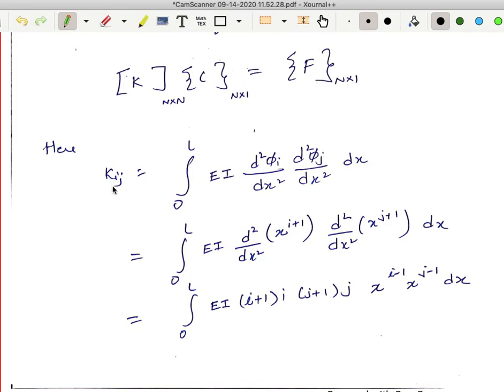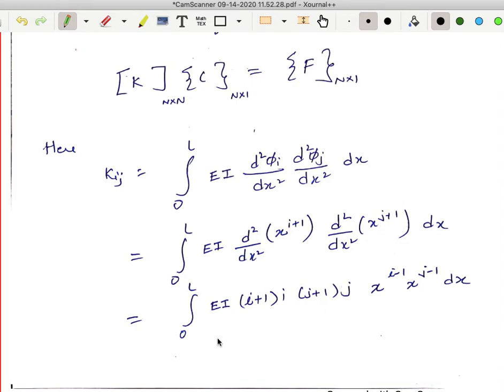Here, what are the entries of this stiffness matrix Kij? In this case it is the integral from 0 to L of EI d square phi i by dx square, d square phi j by dx square dx. What is phi i? x to the power i plus 1. Phi j is x to the power j plus 1.